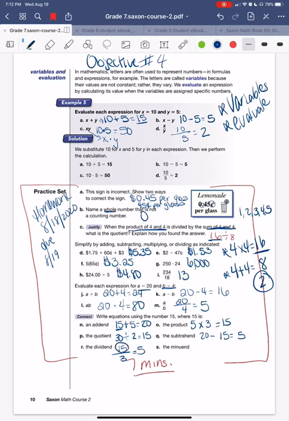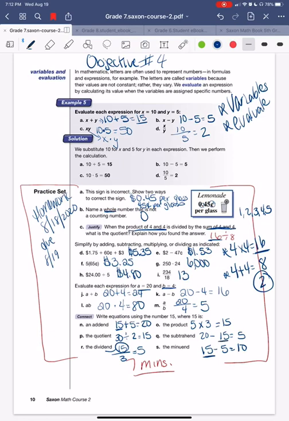That's my dividend. And last but not least, my minuend, which is my first number. So 15 minus 5 equals 10.